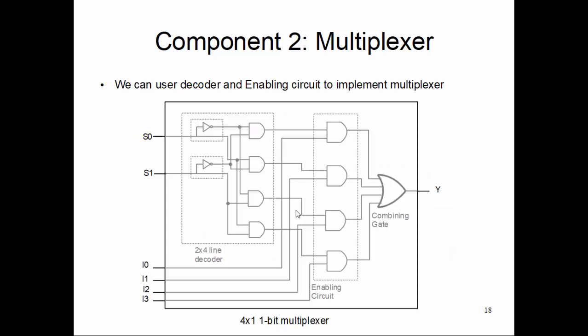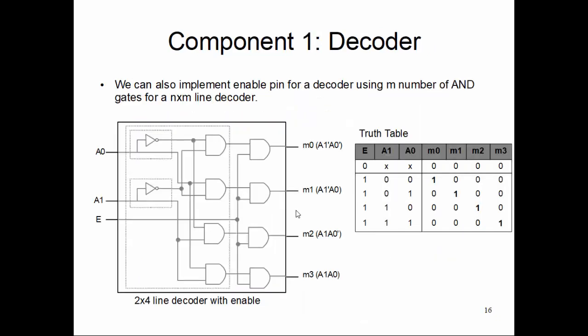Now, how can we implement it? We can implement it with a 2x4 line decoder with enable circuit. So let's review what a 2x4 line decoder with enable is. We have the 2x4 line decoder, and we added one stage of selection enable, a set of AND gates which will enable this circuit.